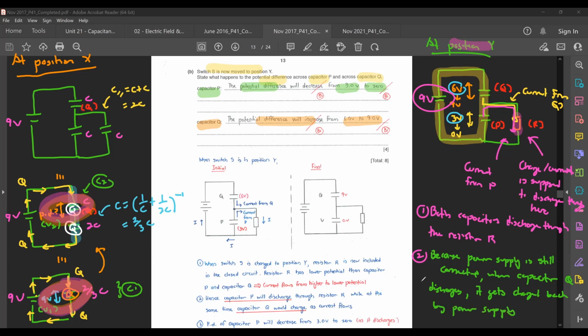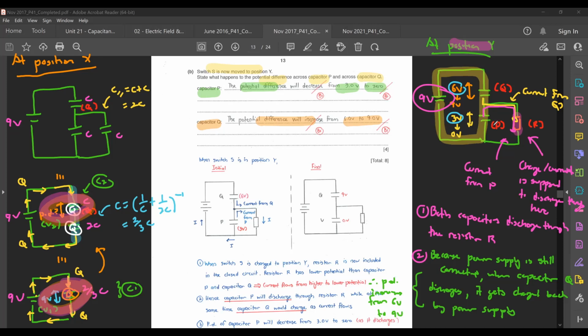That will explain why the PD increases from 6 volts to 9 volts. Even though it's discharging, the PD increases back because at the same time you're discharging, your power supply is charging you back. So your PD actually doesn't drop. You're actually being charged back. So this one is 6 volts to 9 volts.